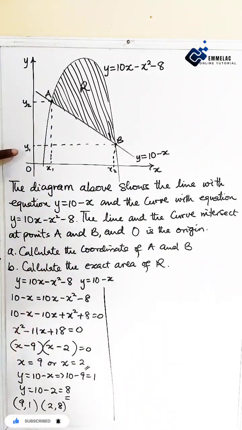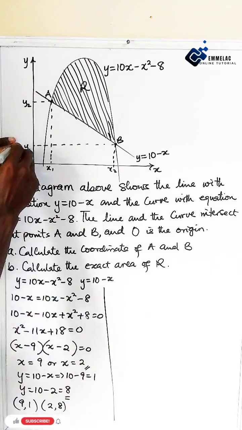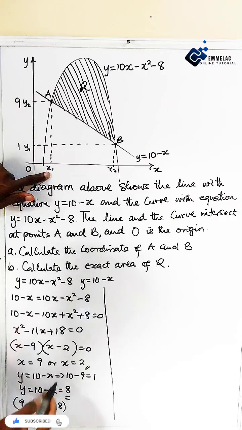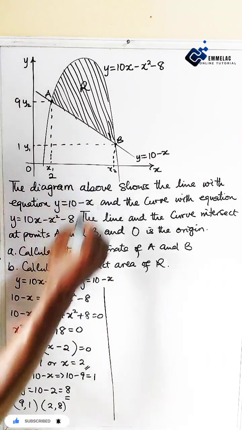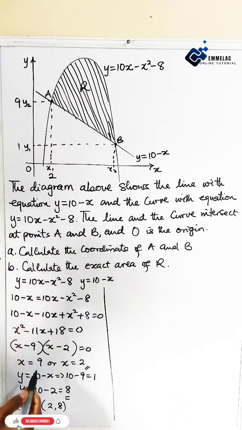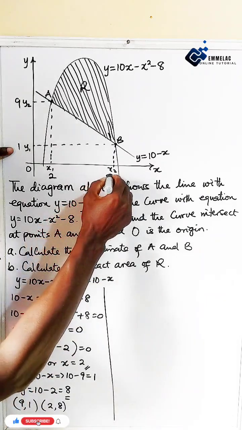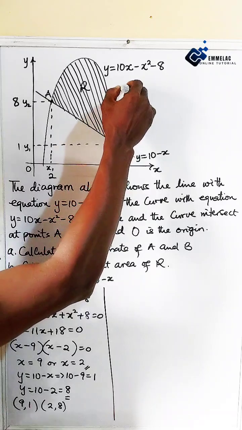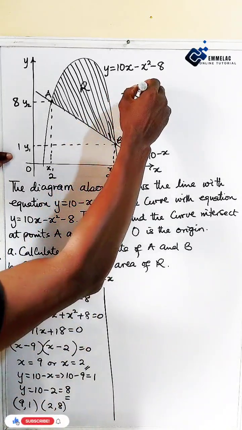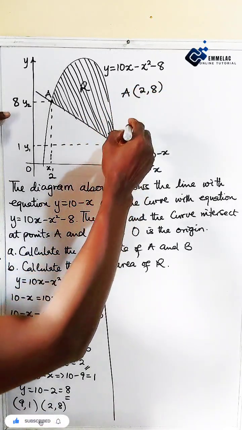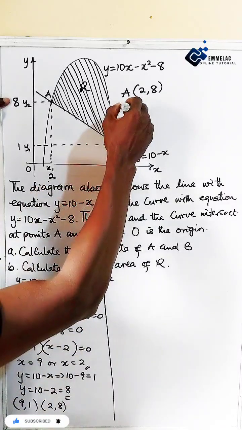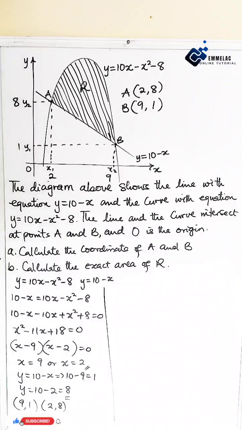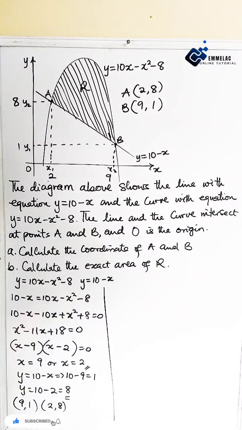So y1, the smaller one, should be 1, and the other should be 8, then for x the smaller one is 2 and the larger is 9. So the coordinate of A will be 2 and 8, that is x and y. Then for B, we have x as 9 and y as 1. That's the coordinates for A and B.